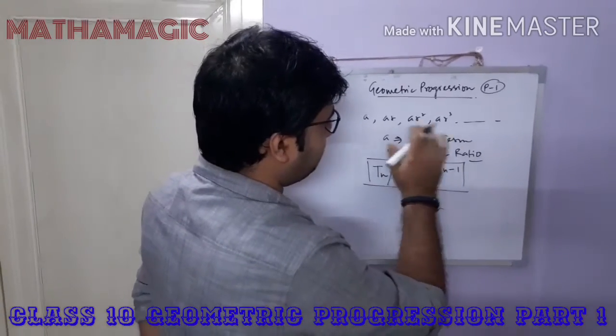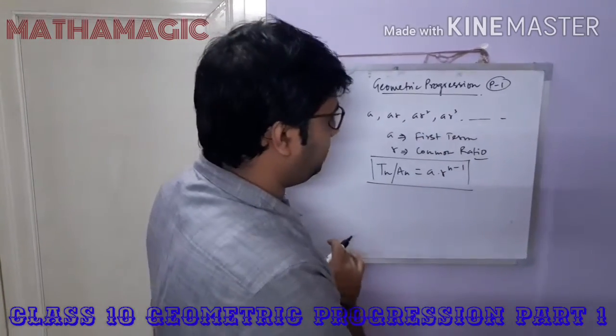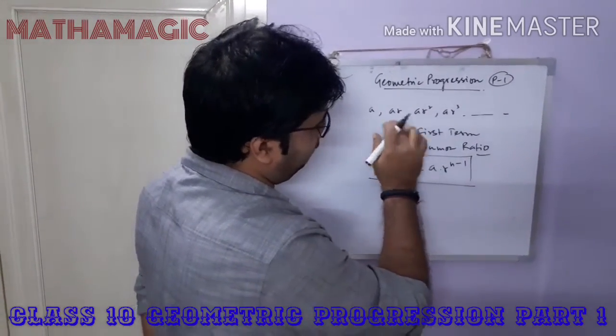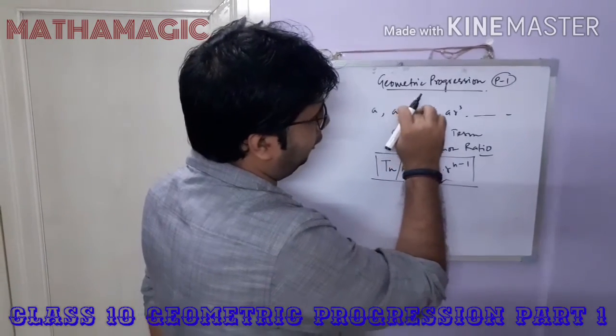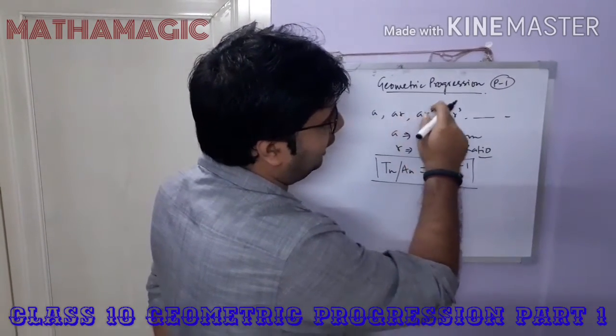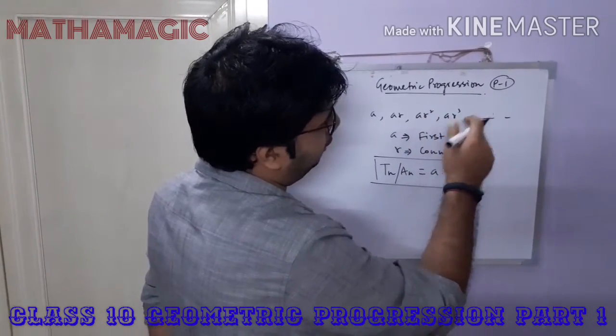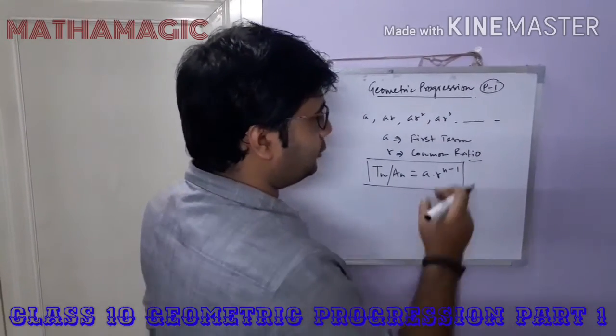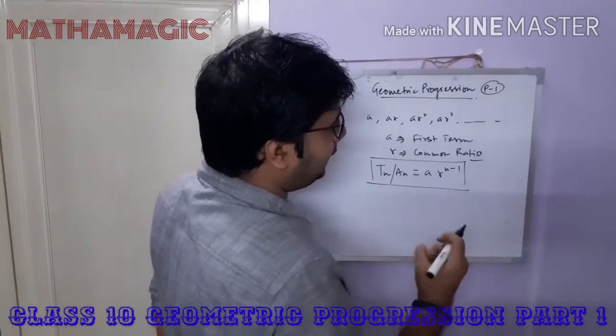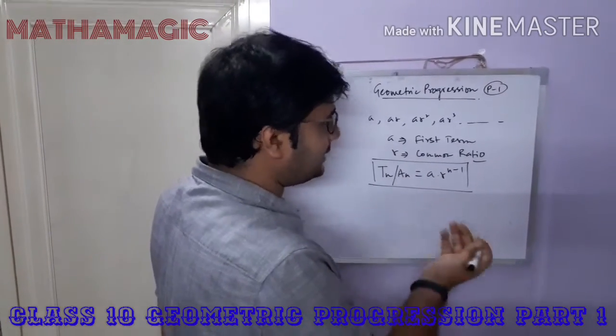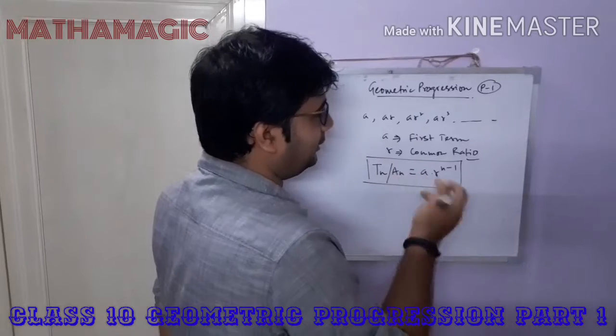Just observe this general series of a GP, then you can easily find that for the second term the power or degree of r is 1. For the third term the power of r is 2. For the fourth term the power of r is 3. So the power of r is 1 less than the term number.